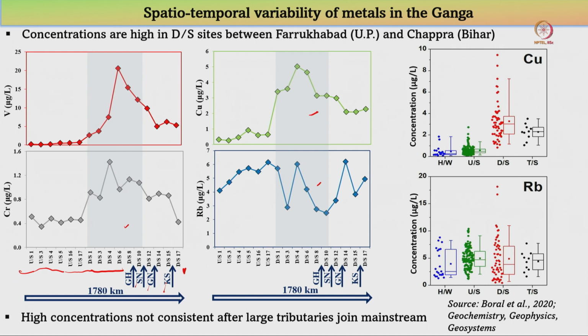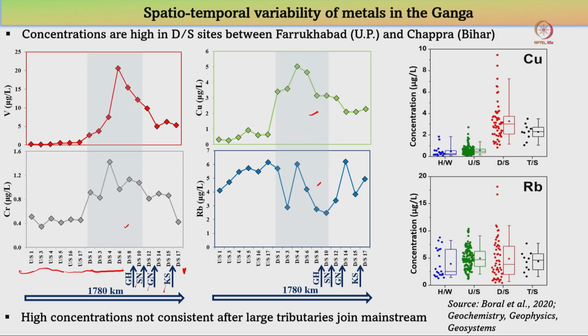All these are large tributaries of the Ganga that come and join in, and they are large rivers themselves. Therefore, the Ganga is a huge complex system, but this data is of only the mainstream Ganga. This does not show the Ghagra, Gandak, or Kosi data.